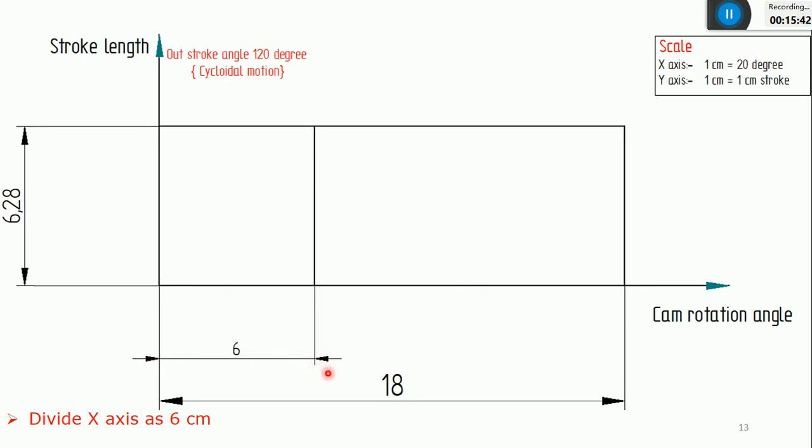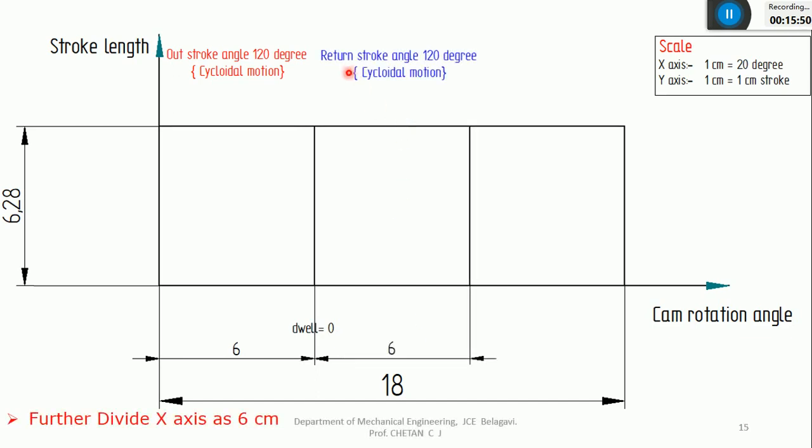The first dwell angle I have assumed as 0, so I'll not indicate anything because the angle is 0. The return stroke is 120, so 120 by 20 again becomes 6 centimeters. The remaining will be the second dwell angle: 360 minus 120 minus 120. The remaining angle is also 120, because the total is 360.